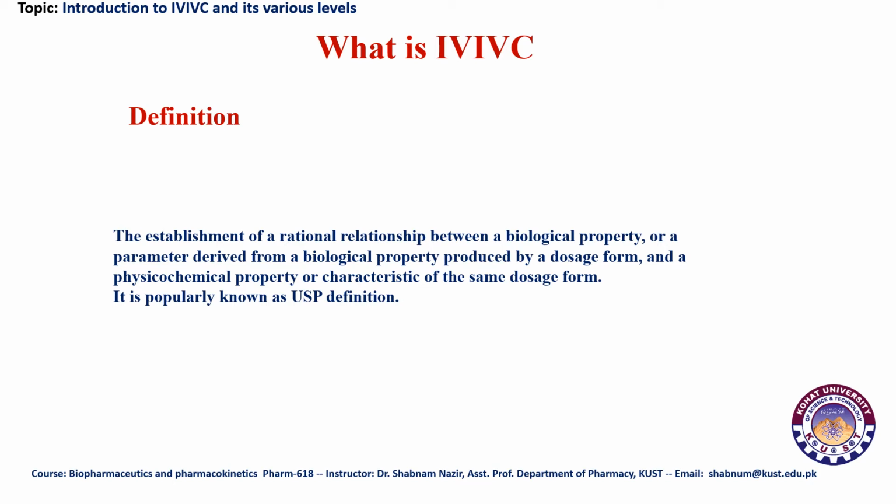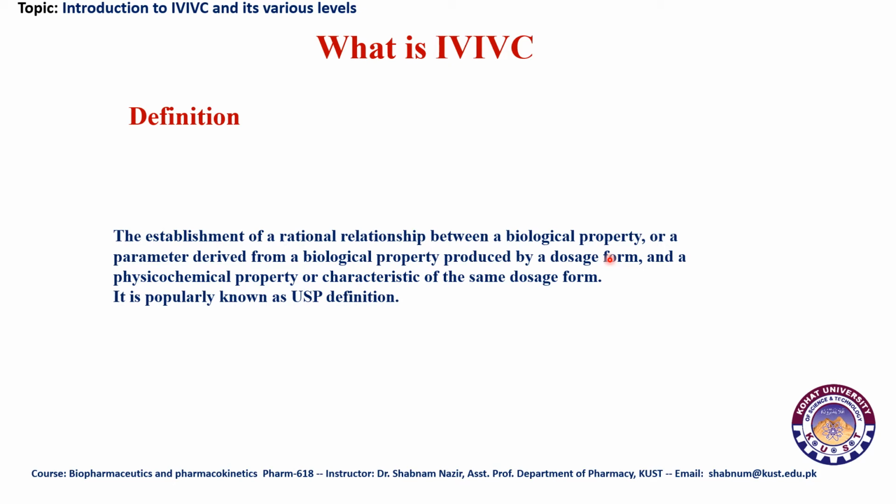According to this definition, IVIVC is a relationship between a biological property, or a parameter derived from a biological property, produced by a dosage form. Let's decode this part of the definition.